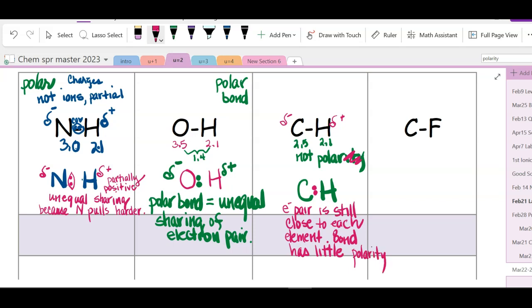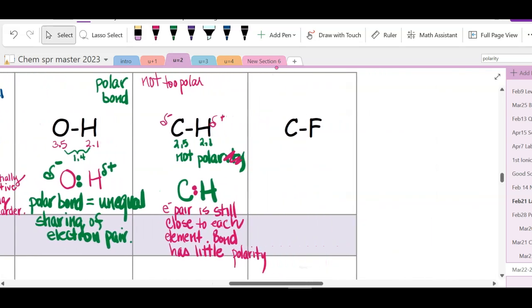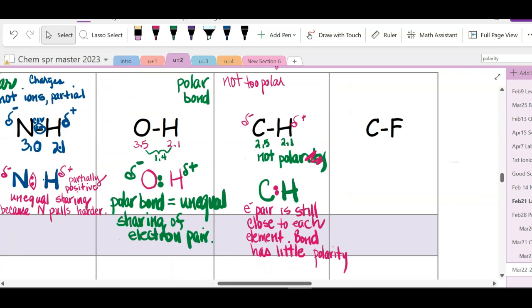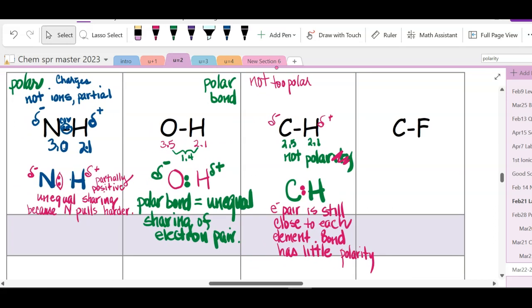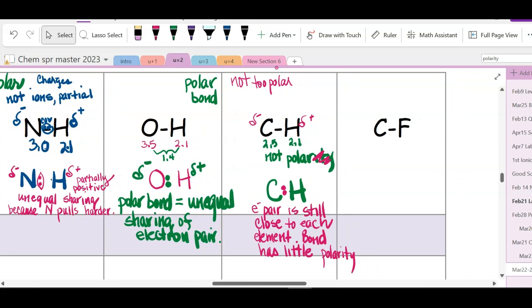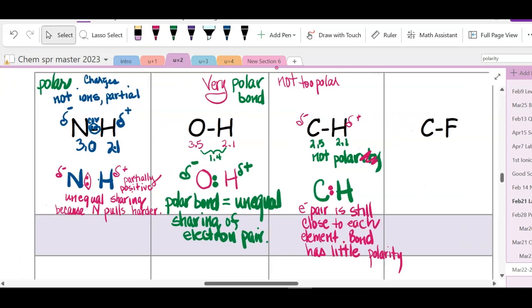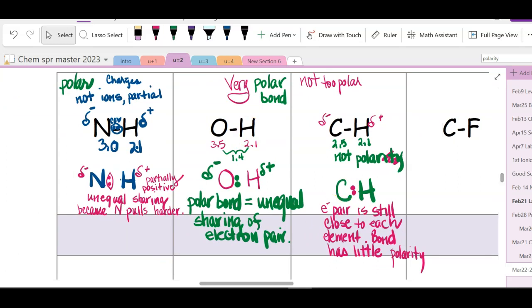Now let's look at carbon and fluorine. So we would call this not very polar. Not too polar. All right. Now let's go over here. This oxygen-hydrogen bond is very polar, and I should have distinguished between that and this nitrogen one.